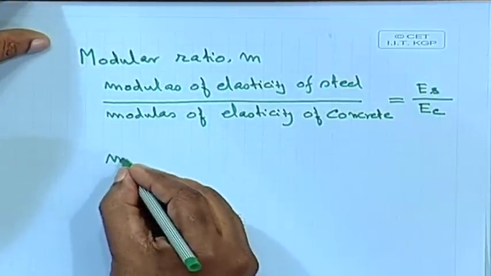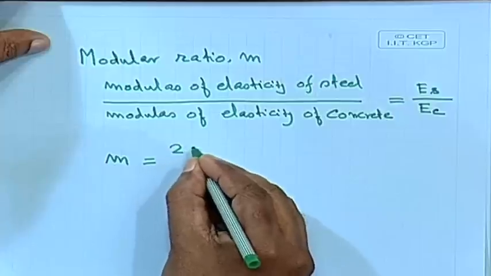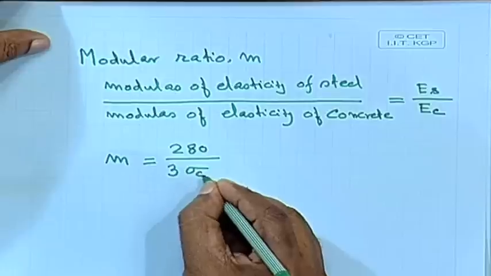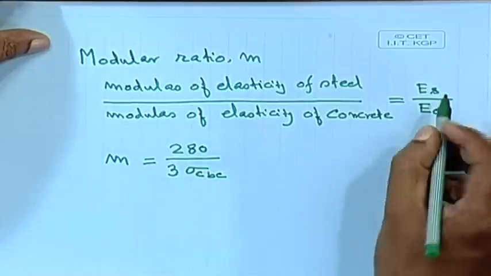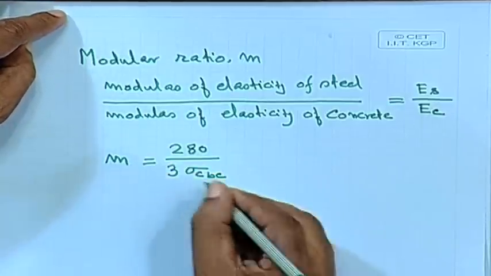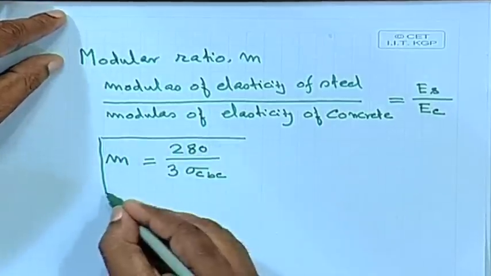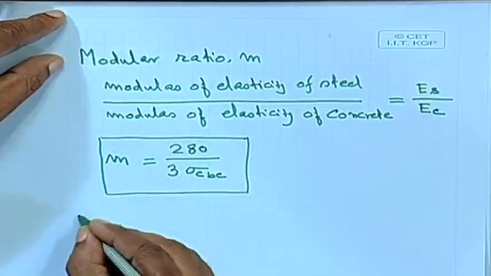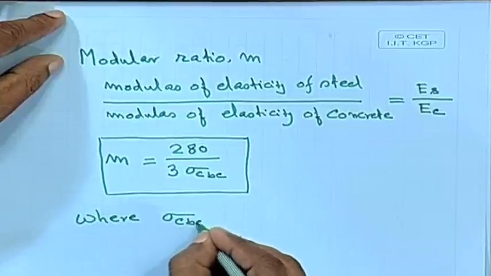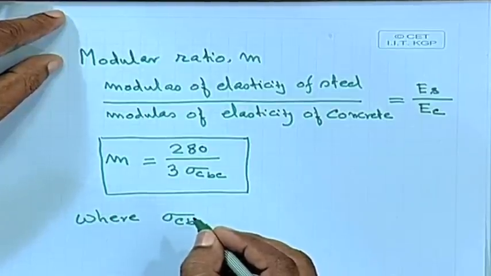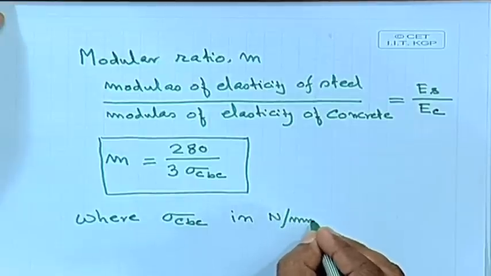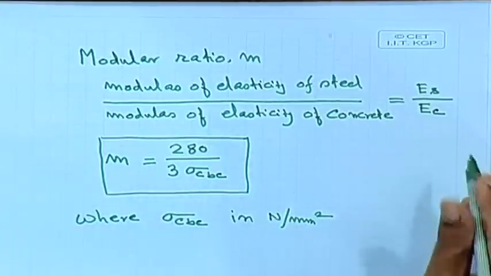Our code says m equals 280 divided by 3 sigma cbc. So, we do not take it from Es by Ec, instead we use this formula, and we should remember this, where sigma cbc is the concrete stress in bending compression in Newton per square millimeter.